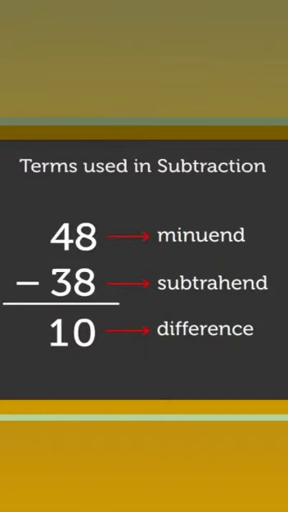Children, here you can see 48 as minuend, 38 as subtrahend and 10 as difference. We have subtracted 38 from 48 and the result which we got is known as difference.